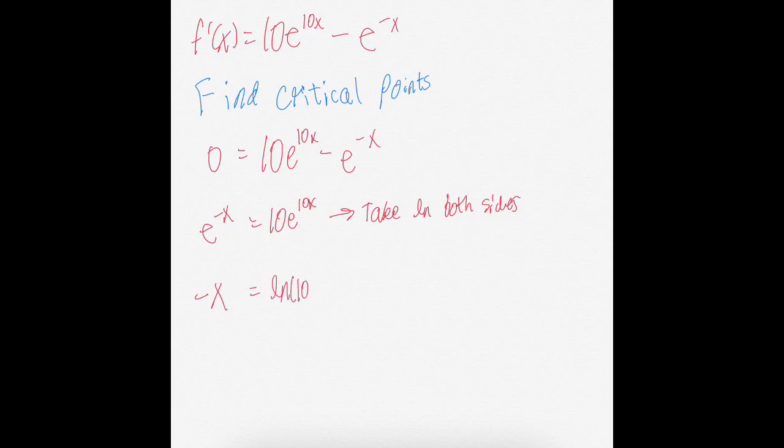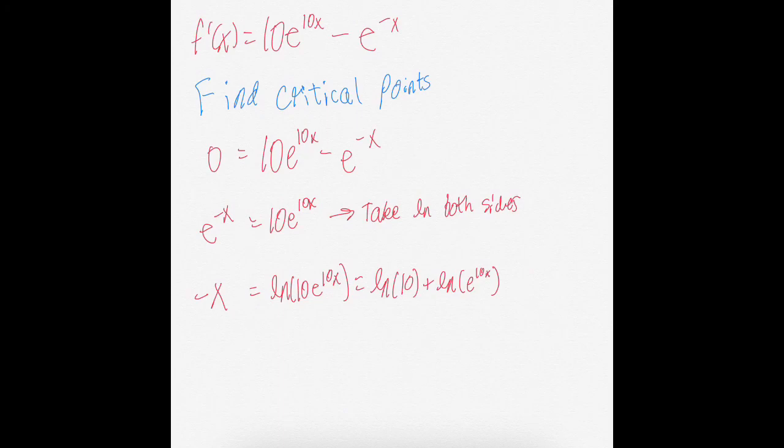Remember, the natural log and e cancel each other out. So ln of e to the negative x is just negative x. Okay, and so now on the left-hand side, this is going to look a little bit different. So I'll have ln of 10 e to the 10x.